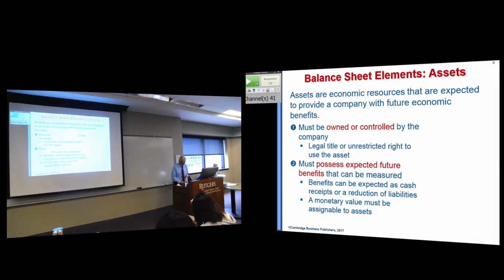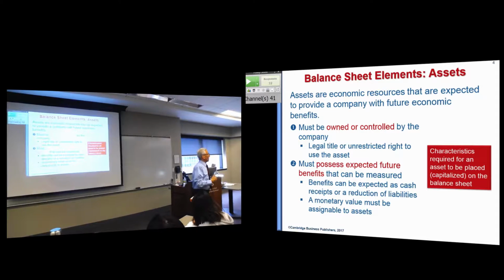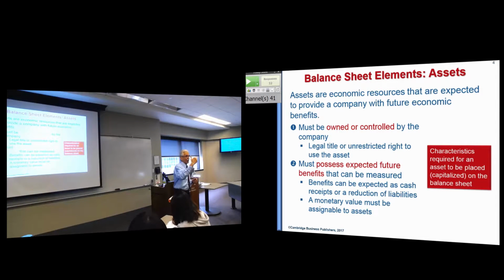One of the things that we commonly say is that when an asset is recorded, we say that it is capitalized. The term capitalization in this regard means to add to an asset account. So when you see the term capitalization, it means to add to an asset account.